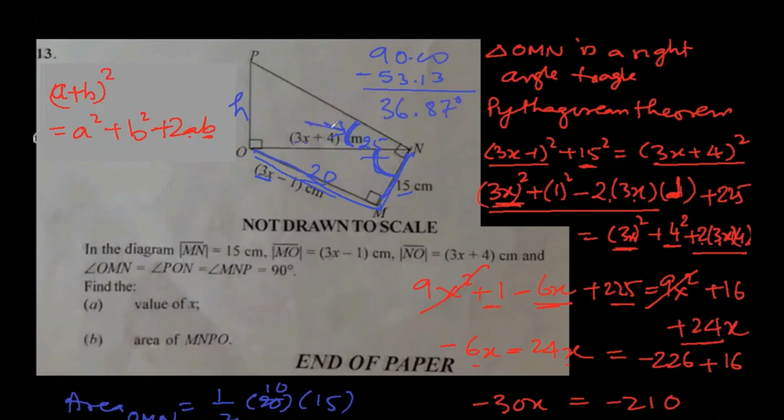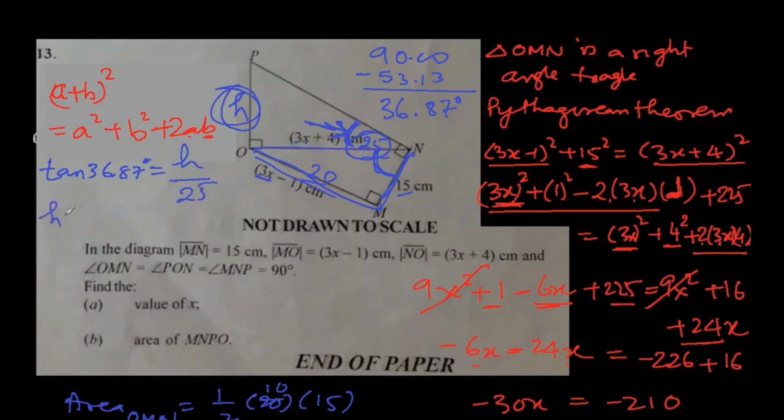This angle is 36.87. Now we can find h by again using tan. So this time, now we know the angle, so no need to write any alphabet. Tan of 36.87 degrees is equal to opposite, which is h in this case, over adjacent, which is 25 centimeter in this case.